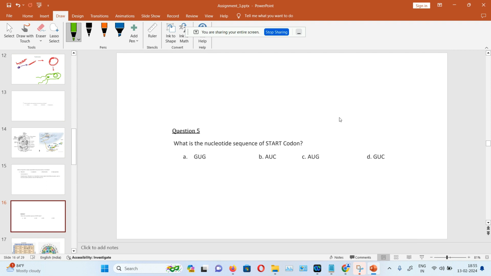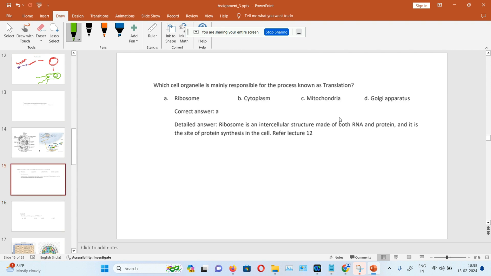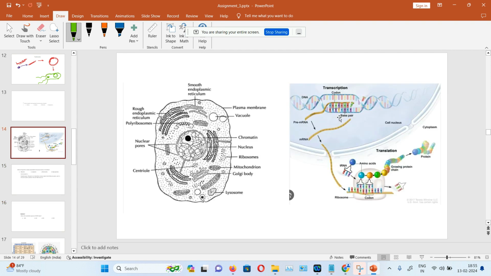So this is question number 5. What is the nucleotide sequence of a start codon? What is meant by the start codon? For every DNA, as we said before, the protein is synthesized by the ribosome using the messenger RNA, and the messenger RNA corresponds to particular codons.